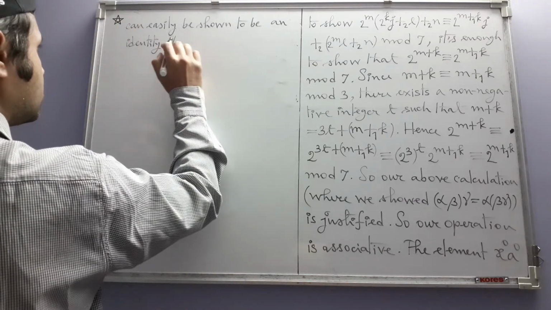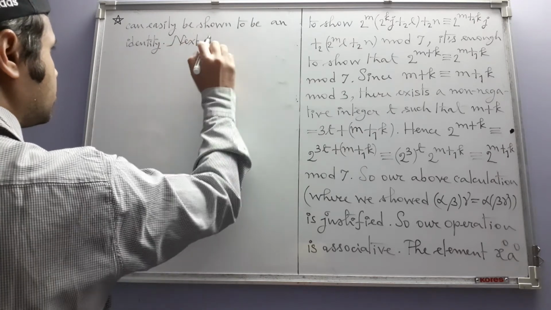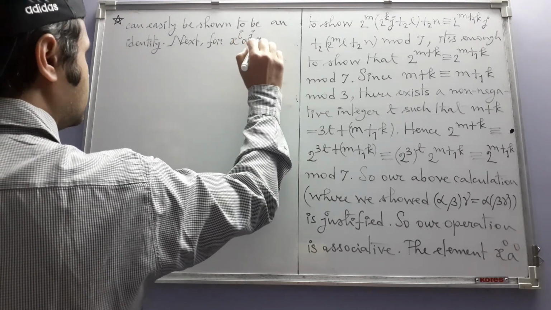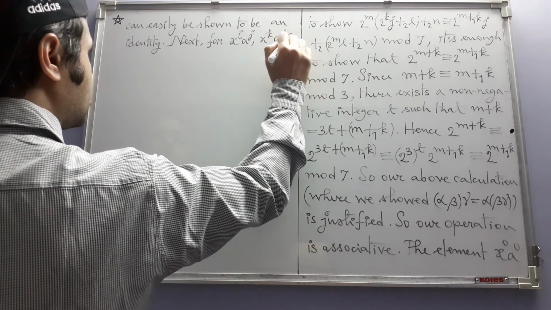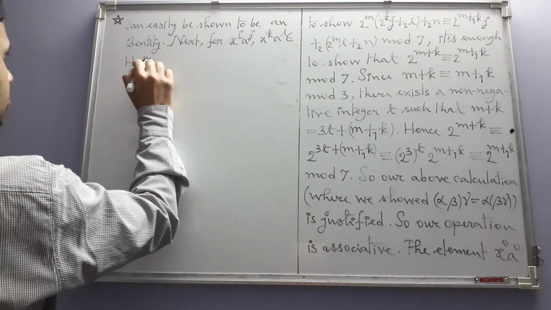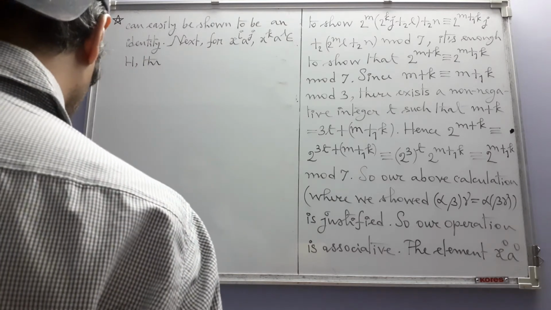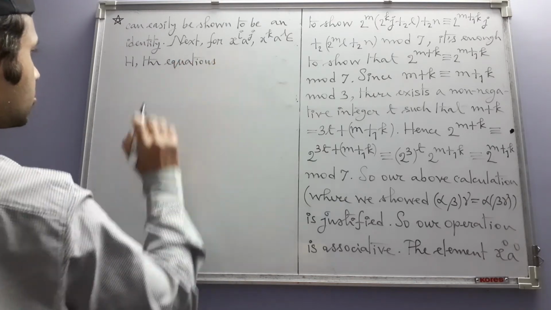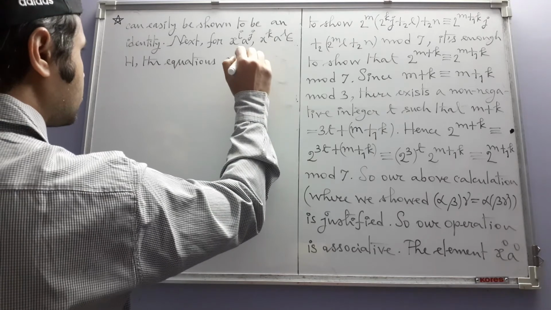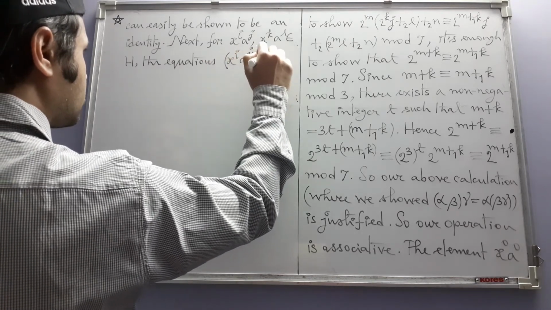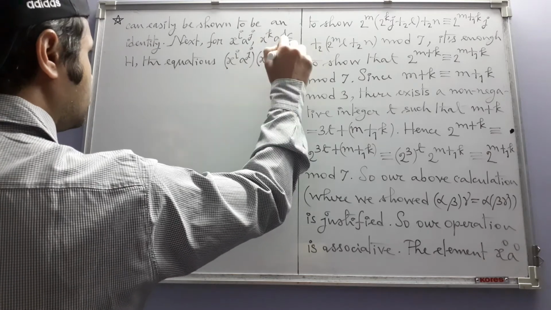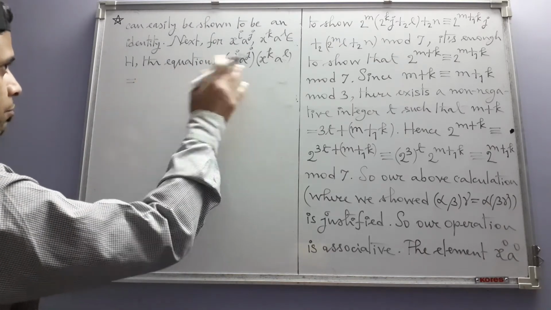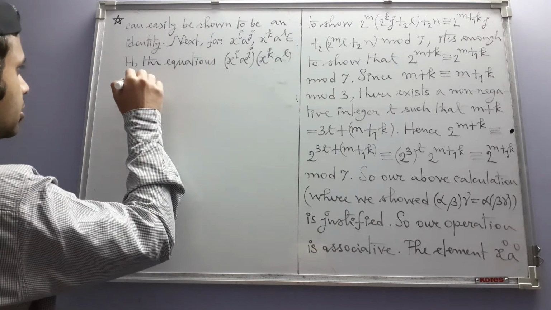Next, for xij and xkal belonging to H, the equations xij times xkal equal to, so here we want these two elements to be inverses of each other.